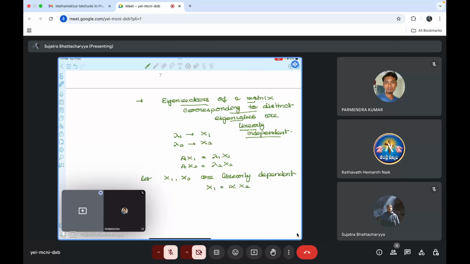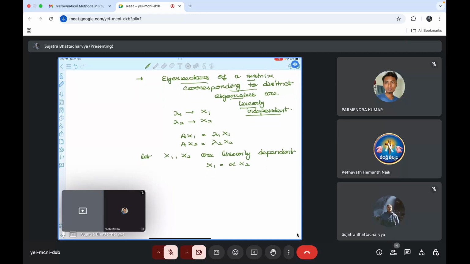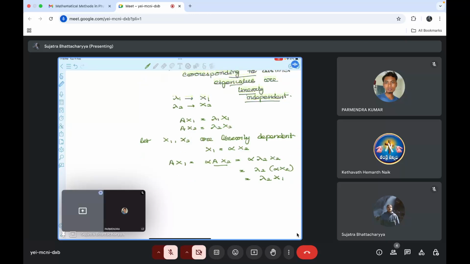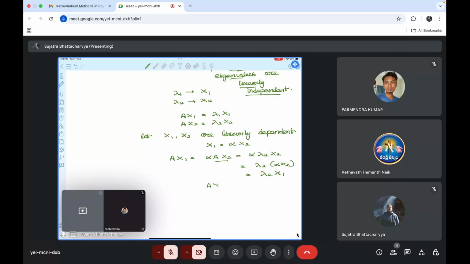This is the dependency. Now AX1 therefore is alpha times AX2, which is alpha times λ2X2, which can be written as λ2 alpha X2, which is nothing but λ2X1. So what I'm getting is very interesting: AX1 is equal to λ2X1.